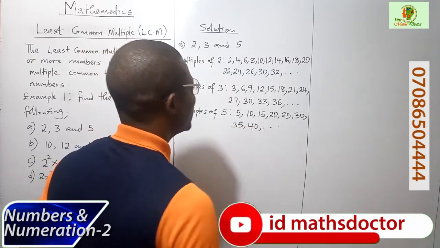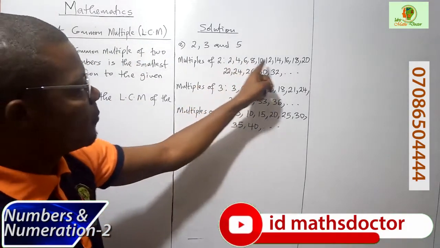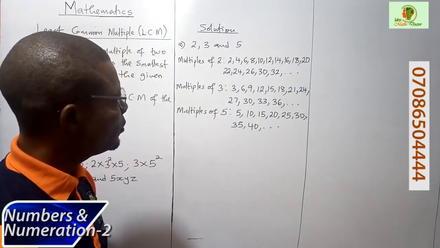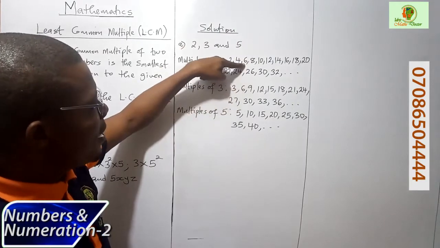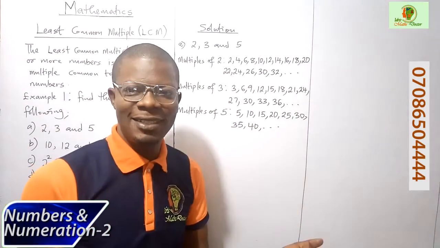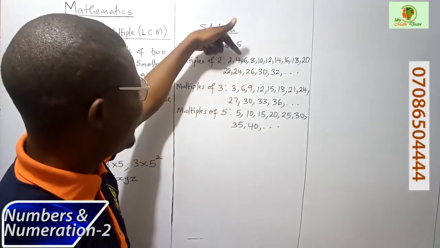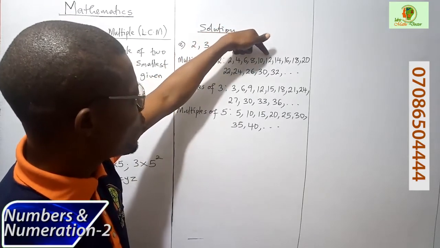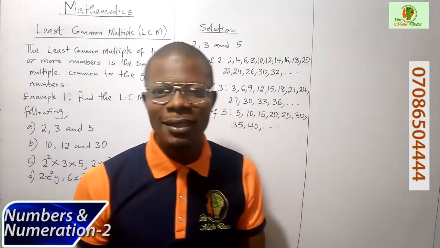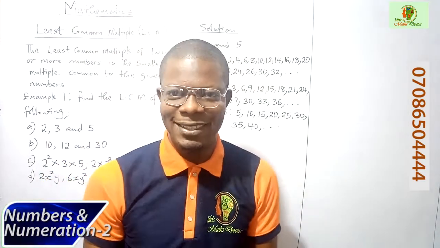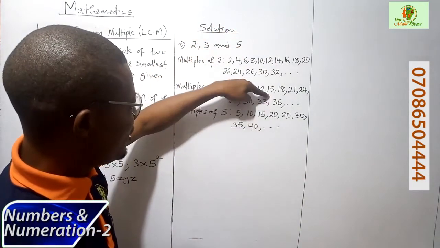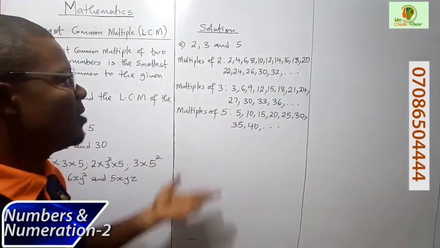Now, when you look at the multiples of 2, the multiples of 3, and the multiples of 5, let's say 6 is here, 6 is here, but there's no 6 here, so it's not common. After 6, what is common again? Oh, 12, but there's no 12 in multiples of 5. After 12, there's 15 here, but there's no 15 in multiples of 2.